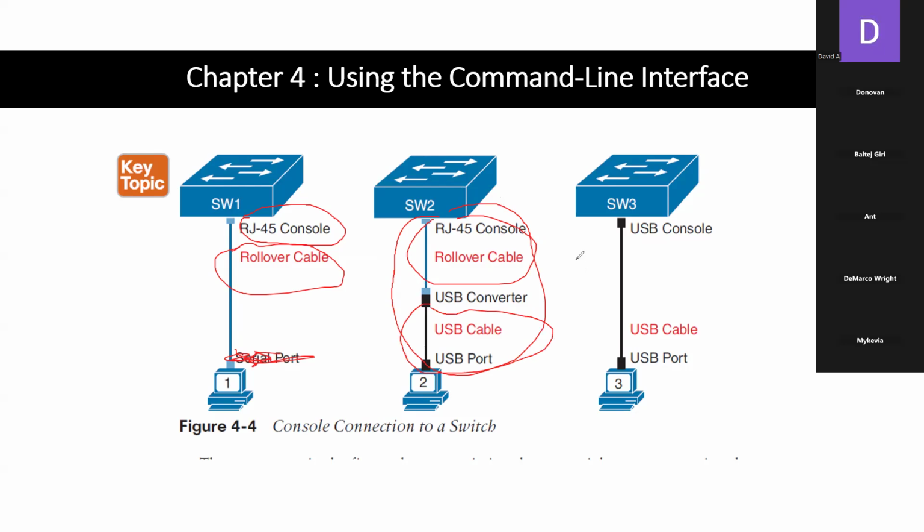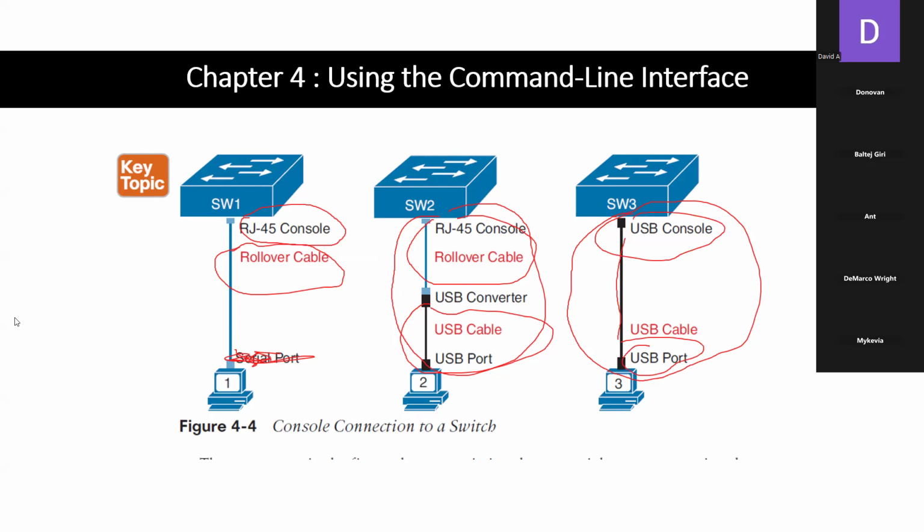Not just with switches, with firewalls and anything that has a console port, it will have a USB port on the network device. So you make a USB connection from the USB port on your PC to the USB console port on the switch. So these are the different types of console connections you can have.